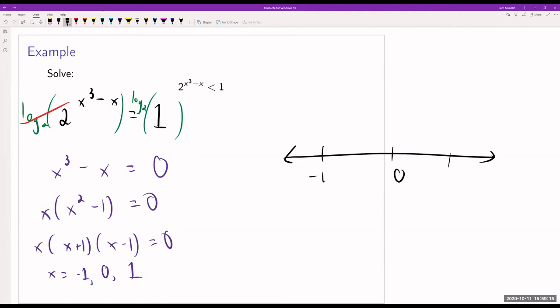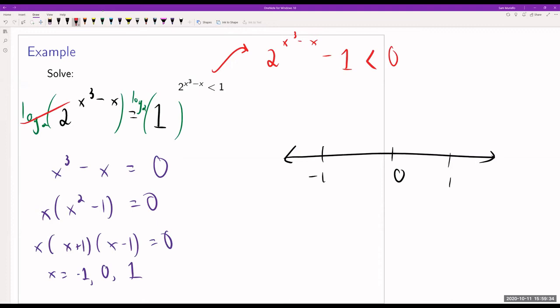Negative 1, 0, 1. And then, taking the related inequality x cubed minus x is less than 0, we'll plug into these things each time in order to determine what's going on.